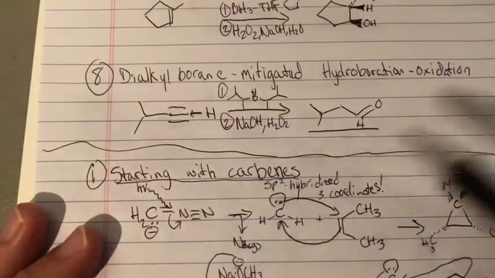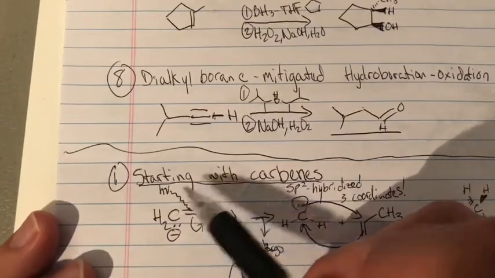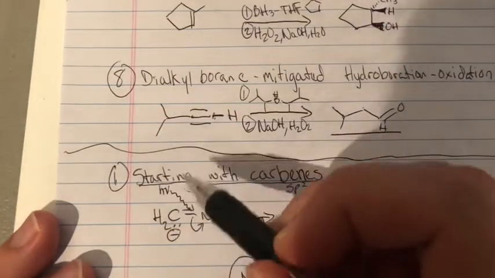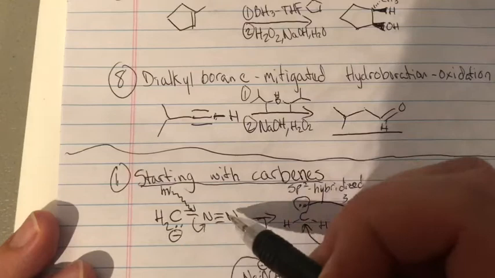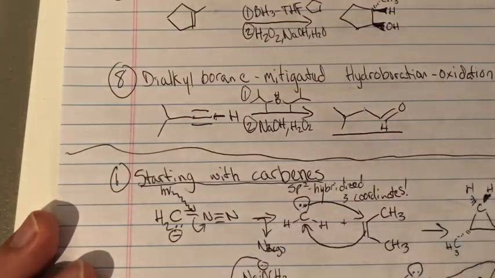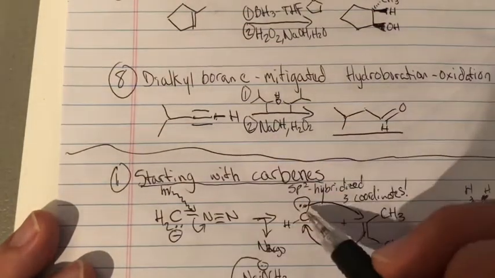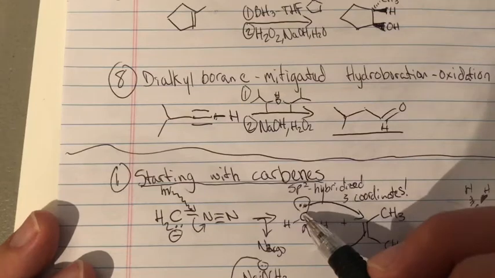Okay, so starting with carbenes. So again, you're going to use high energy light, presumably UV, to break up this bond here. So you're going to form N2 gas irreversibly. It's going to go up into abundance with the rest of the atmosphere. And then you're just going to be left with an sp2 hybridized carbon here, right?